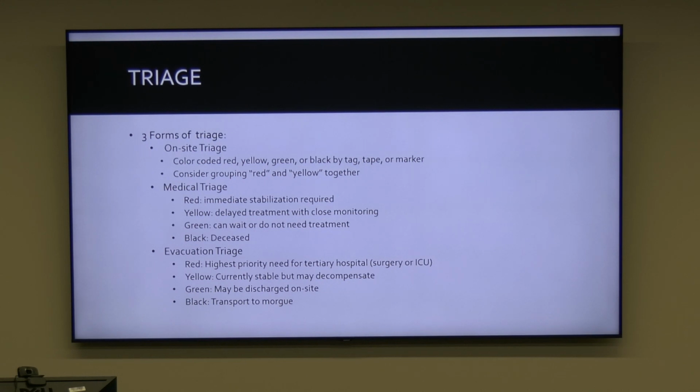In an evacuation setting, that might be people that are capable of going home if a disaster is almost done, or people that can evacuate themselves, or have someone drive for them to a different location and are stable enough to actually make that trip. And then black is the people that need to be transported to the morgue.